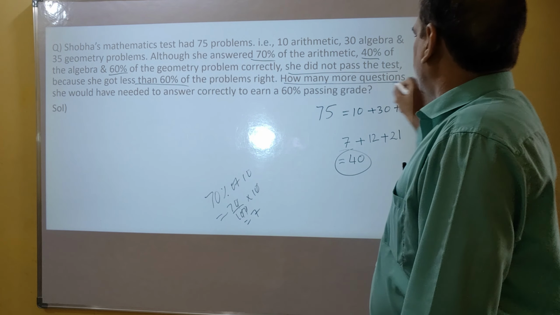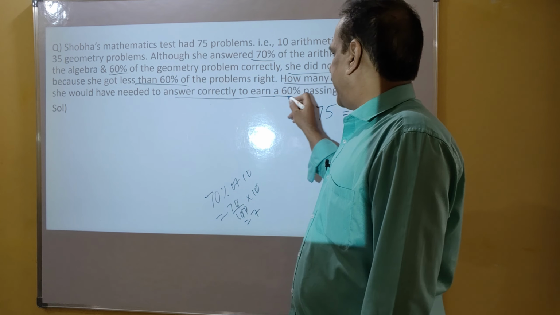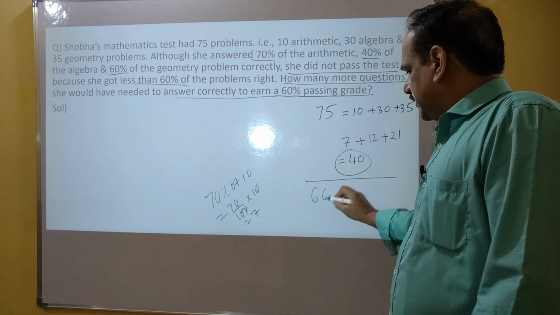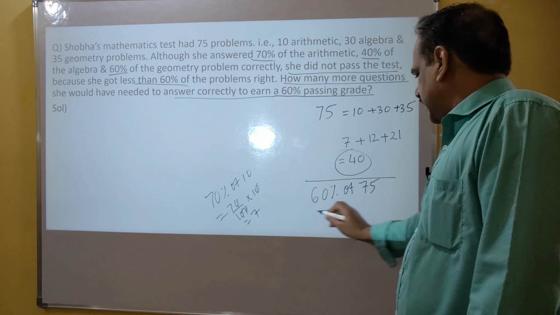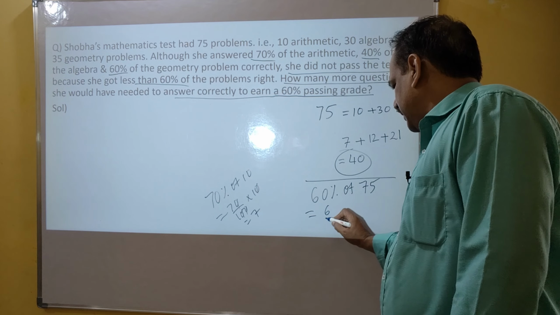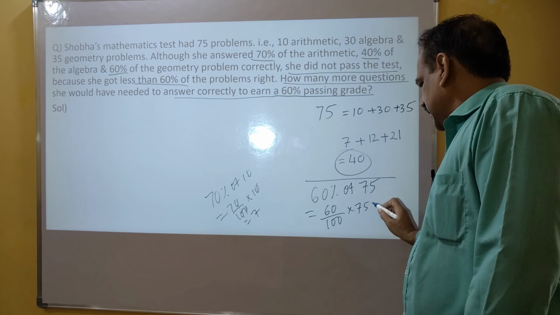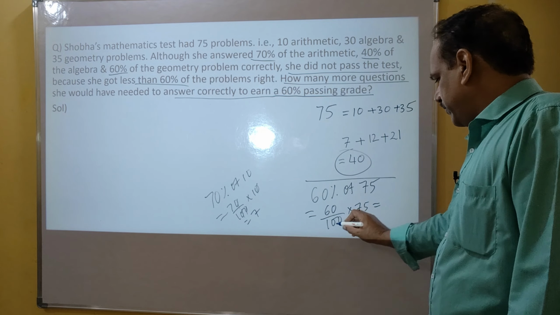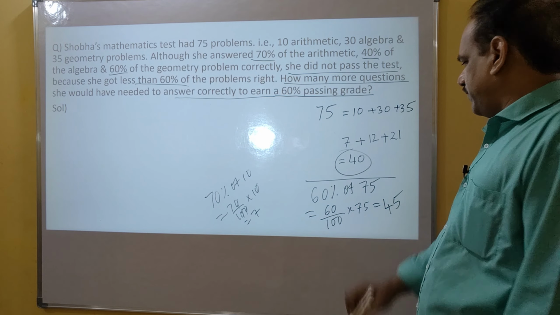So how many more questions she would have needed to answer correctly to earn 60% pass grade? So the pass grade is 60%. 60% of all the questions, 75, must be correct. What is 60% of 75? 3/4 of 60, it is 45.